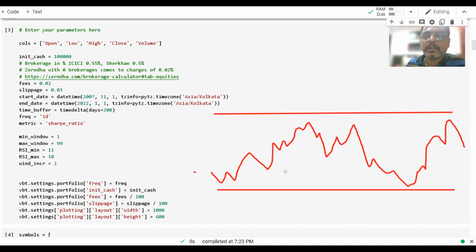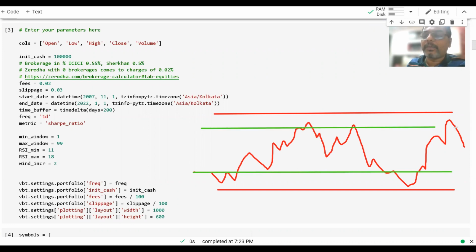Most of the people say buy above 30 and sell below 70. Whenever the market crosses above 30, you are going to be buying. This is 30 RSI and this is 70 RSI. So you buy whenever the market goes above 30 and you sell whenever it goes below 70 again, and you are able to make good profits. At least that is how people think.